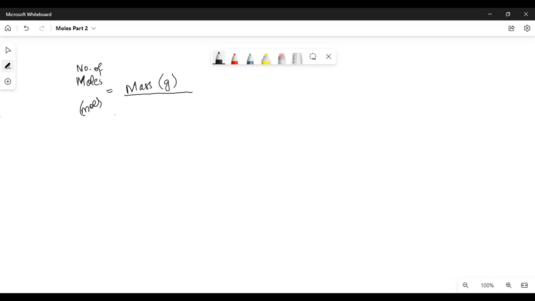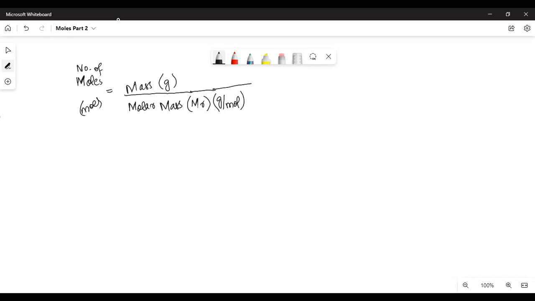Okay, good. So we call it molar mass, or molar mass is just another word for Mr of the substance. Now, let me tell you that Mr is gram per mole.